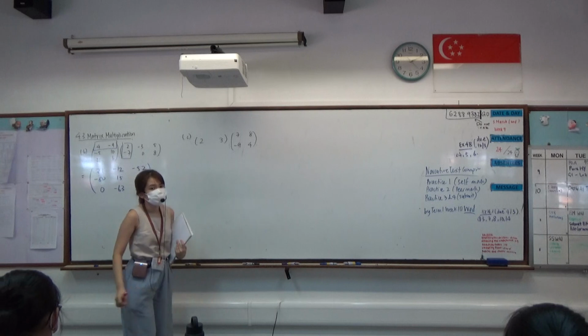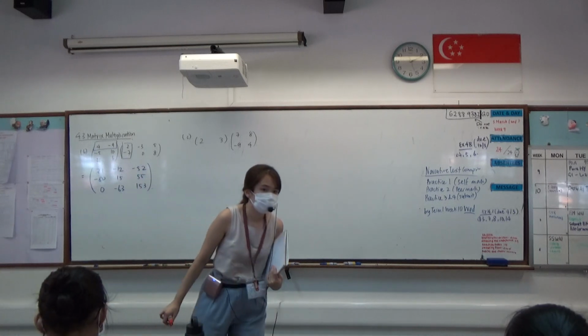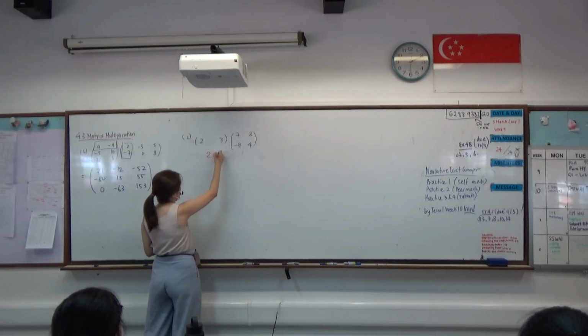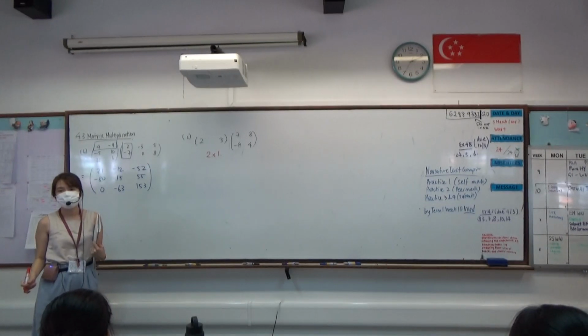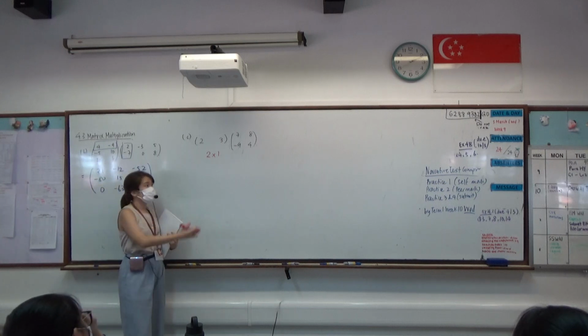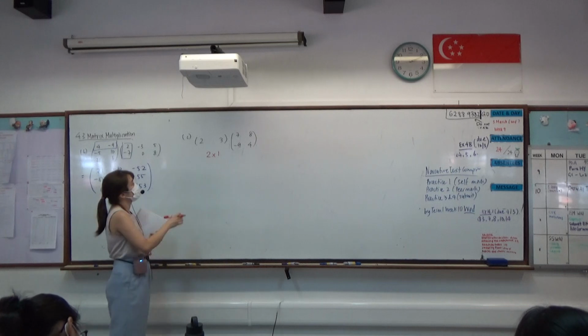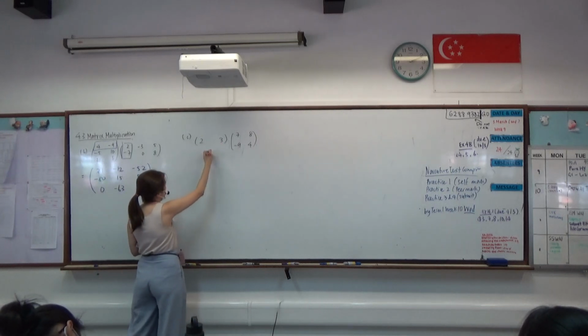Order? Say again. 2 by 1. Okay, so Chloe says this is a 2 by 1. How many of you agree or disagree? Anyone? Emily, so you disagree? So what should it be? 1 by 2. Okay, so remember, row first, then column. So it should be a 1 by 2.